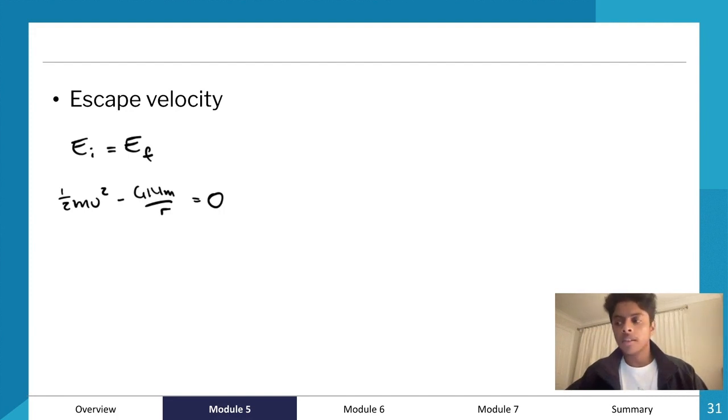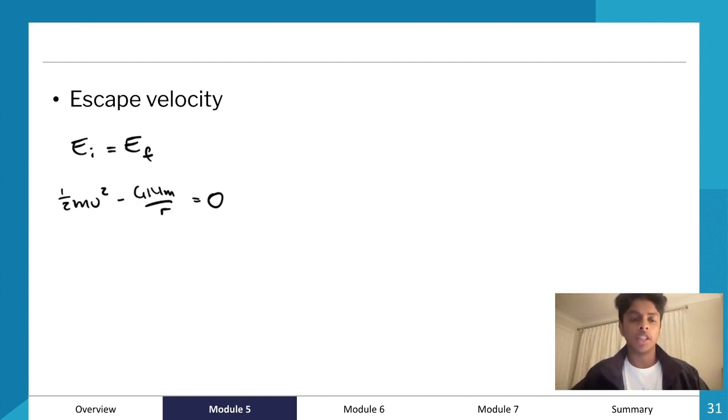Because of that, we can say kinetic energy is zero, since after it leaves the field it will stop moving. So half mv squared is equal to zero. In the same way, GPE is also equal to zero, because when we've escaped the gravitational field, we have reached that point infinitely far away, where GPE equals zero. So now our final E is equal to zero.